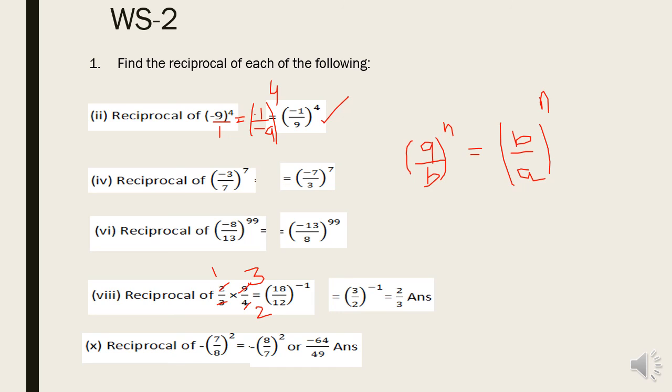Also, I can expand this power and write minus of 8 by 7 into 8 by 7, and multiply the numerators with numerator and denominator with denominator, and I'll get minus 64 by 49 as my answer.